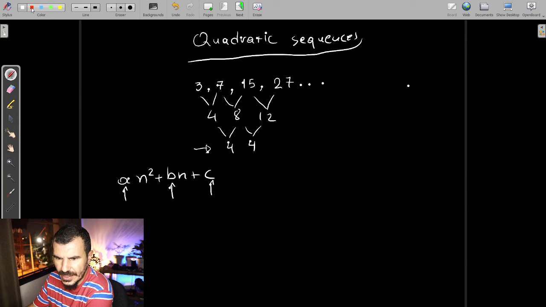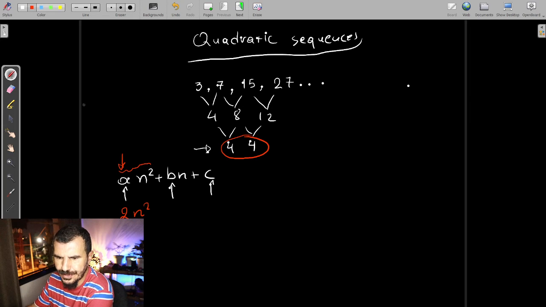The second difference gives me the first coefficient: half of the second difference. Since it's 4, this is going to be 2n squared.